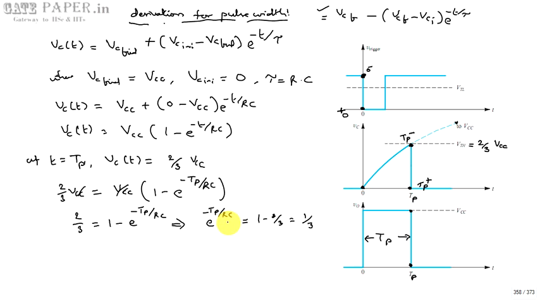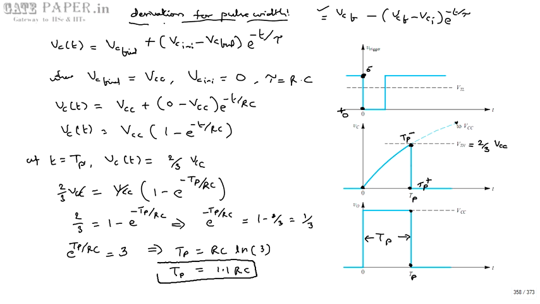If you take the reciprocal of both sides, e power Tp by RC is equal to 3. So from this, Tp is equal to RC natural logarithm of 3. RC natural logarithm of 3 is around 1.1 RC. So the duration of pulse width for the monostable multivibrator is 1.1 times RC.